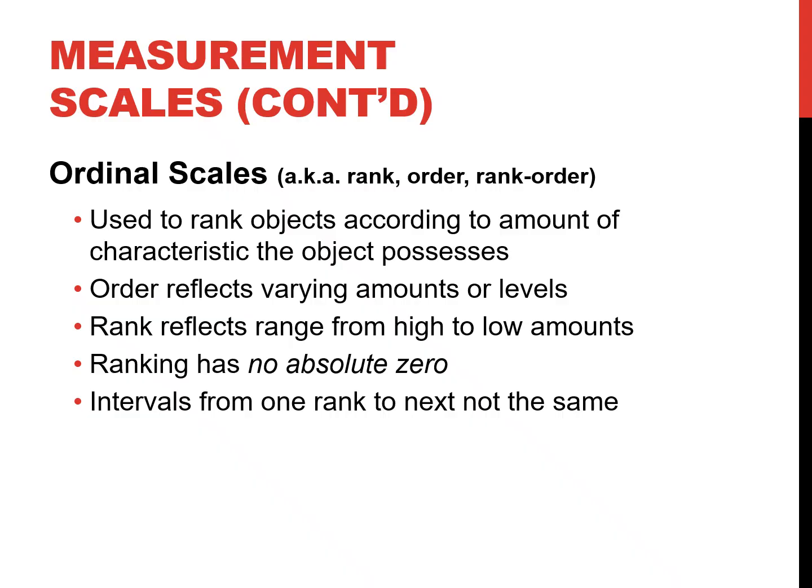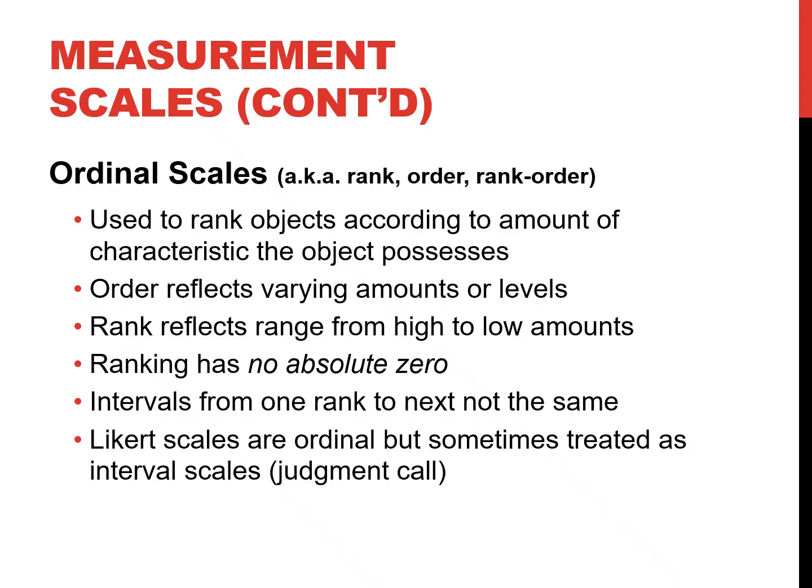Think of your performance in class: someone will come first, second, third, or fourth, but it doesn't necessarily mean that the distance between first and second is the same as between second and third. For example, the first person could get 90%, number 2 could get 89, and number 3 could get 77. Nevertheless, it does give an indication of the rank of the different individuals.